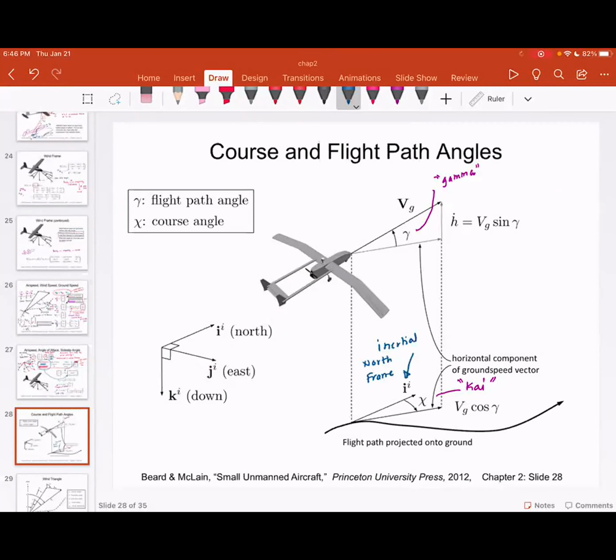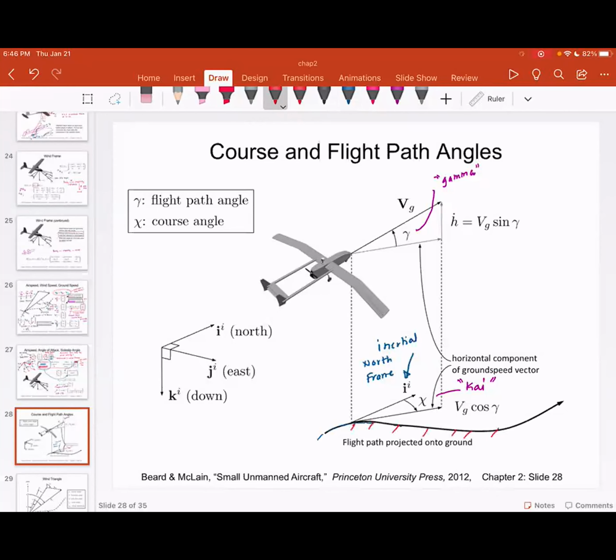These two angles dictate where the vehicle is headed. For example, if I want this ground path to be followed, this is the path, but the aircraft is not a car, so it's not going to follow a path like this.